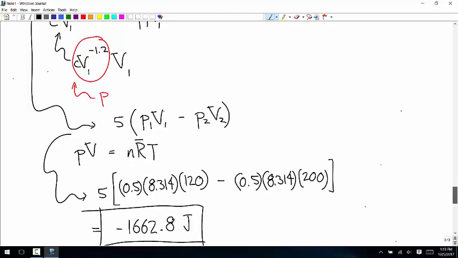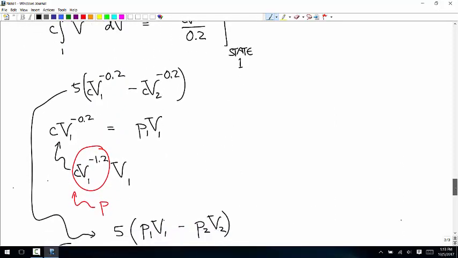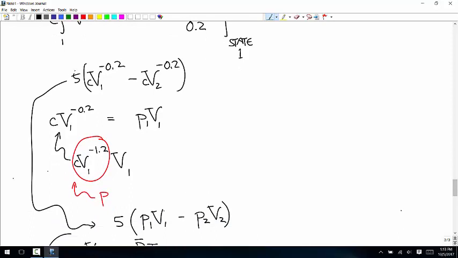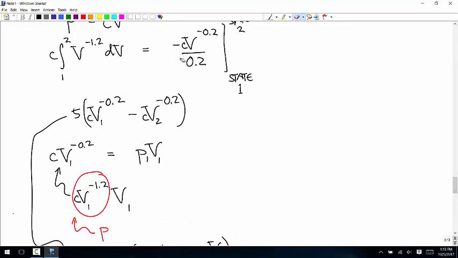Yeah. Okay. Sure. So I did that integration to get rid of that negative sign here. I switched the order, so I got rid of a negative and made it state 1 minus state 2.